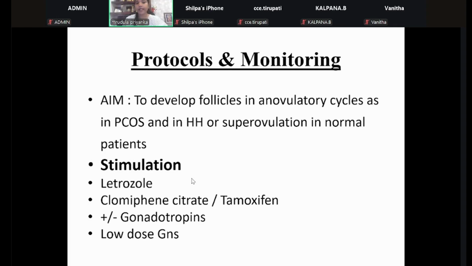We can stimulate an IUI cycle by using oral ovulagents or injectable gonadotropins. So stimulation we can do with oral ovulagents like letrozole, clomiphene citrate or tamoxifen, with or without low dose gonadotropins. Only low dose gonadotropins can also be used to stimulate an IUI cycle.